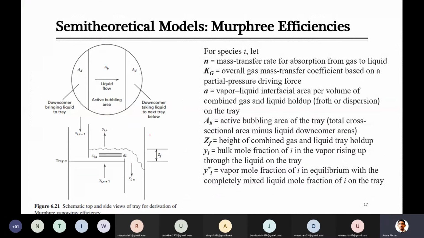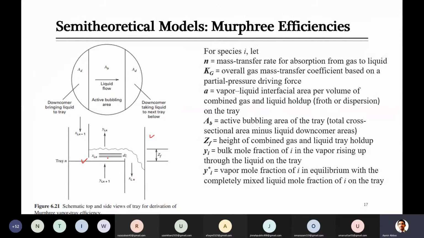You can see it is installed inside a column, with a tray and downcomer. If this is the nth tray, anything coming from the top to this tray through the downcomer is the liquid stream, and then the vapor stream is coming from the tray behind this, that is n plus 1.